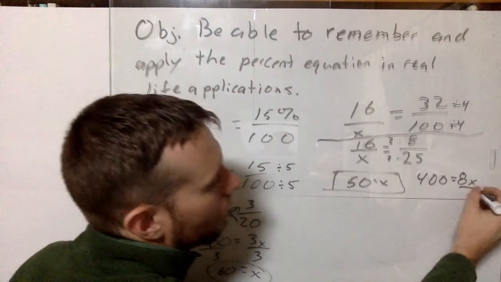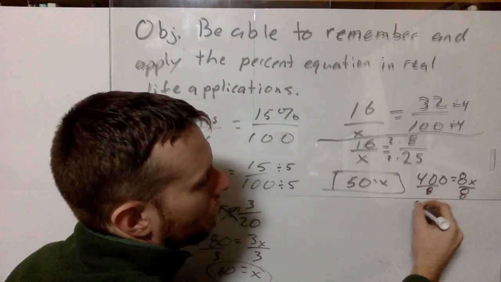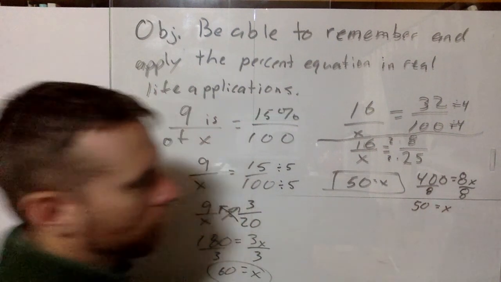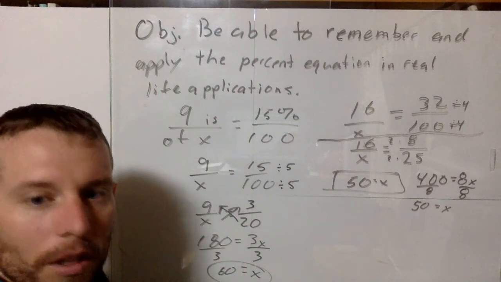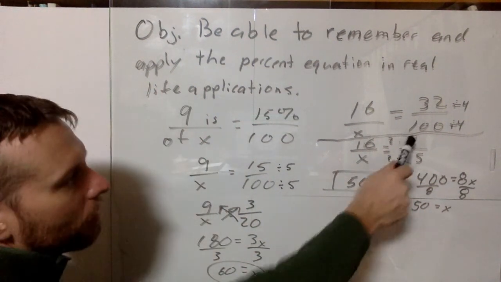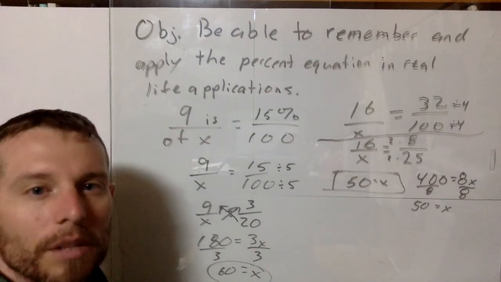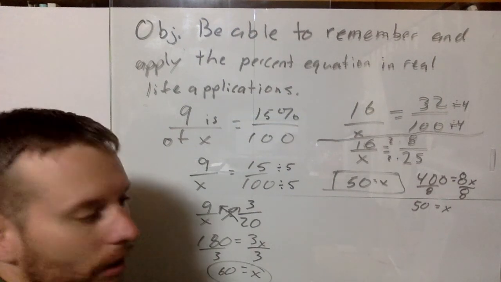Divide both sides by 8, and you get 50. So that was the other way to do that. But these are neat little shortcuts if you can see them before you do all the other math.